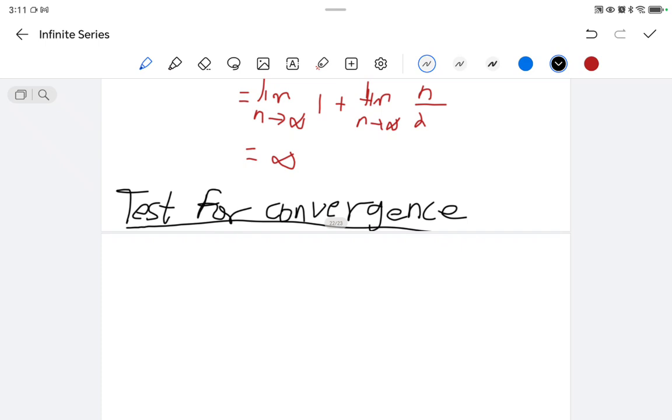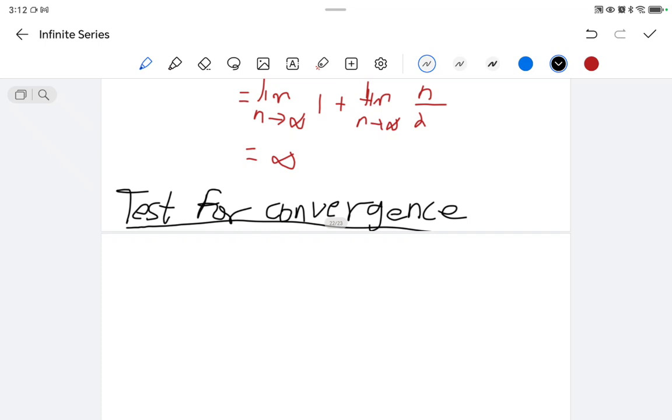So when we look at tests for convergence, we're going to be looking at the integral test. We also look at the P series, and by any chance, the test for divergence. For the test for convergence, we can test whether a sequence or a series, in this case a series, converges or diverges.